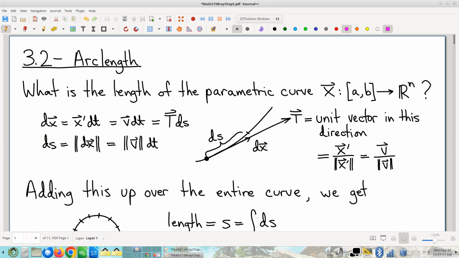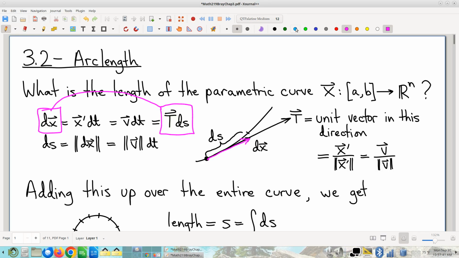So, we already know, of course, that x prime is v, and dx is v dt. That's already established, so the rest of that is kind of the same. And let's talk about this T ds point of view, though. This is a nice little argument. I'm making the claim that the dx vector is T ds. So let's start with, wait a second, what is T?